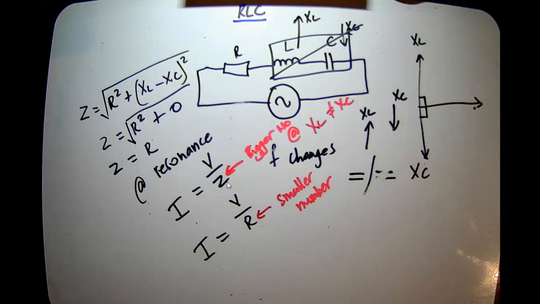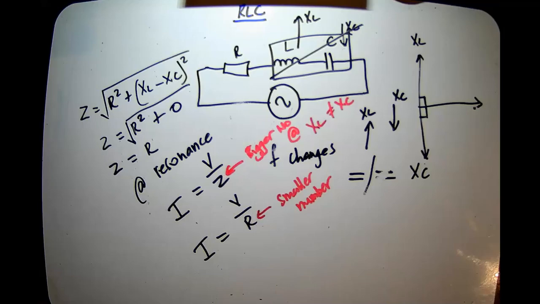Since Z will be equal to R at resonance, we are now getting a smaller value than before, because remember, impedance is normally a bigger number than reactance, but at resonance, this Z will be equal to R, which means it went from a big number Z to a smaller number Z.